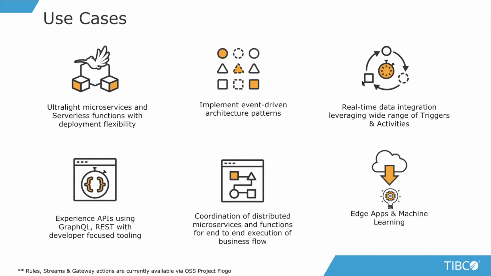And using the wide range of connectors that are available in the form of triggers and activities, you can use Flogo to implement real-time data integration pipelines and leverage the Flogo capabilities for data mappings and transformations. And you can also leverage the Project Flogo capabilities to run Flogo apps on edge devices, as well as to do machine learning at the edge. So these are some of the use cases where you can think of using Flogo.